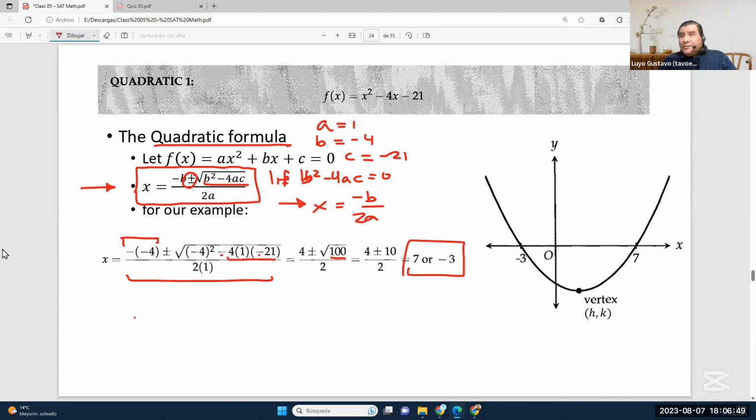This is 100. So the whole expression is reduced to 4 plus or minus the square root of 100 over 2. In other words, 4 plus or minus 10 over 2, which is 4 plus 10 over 2, that equals 7. And if it is 4 minus 10 over 2, that yields actually negative 3.